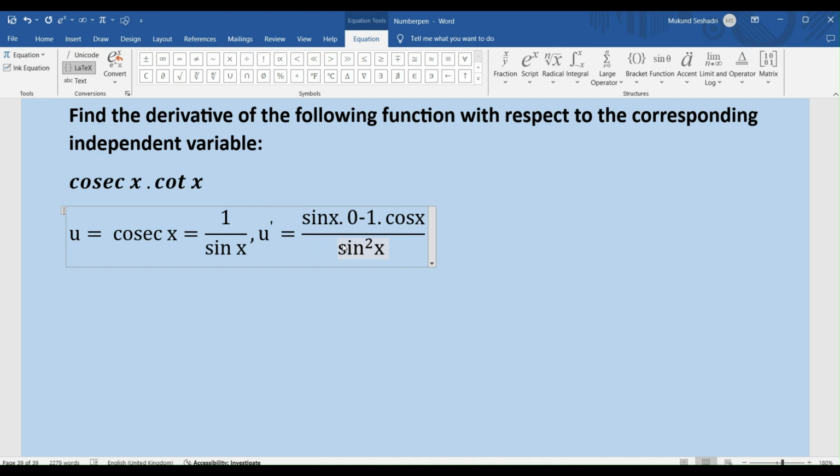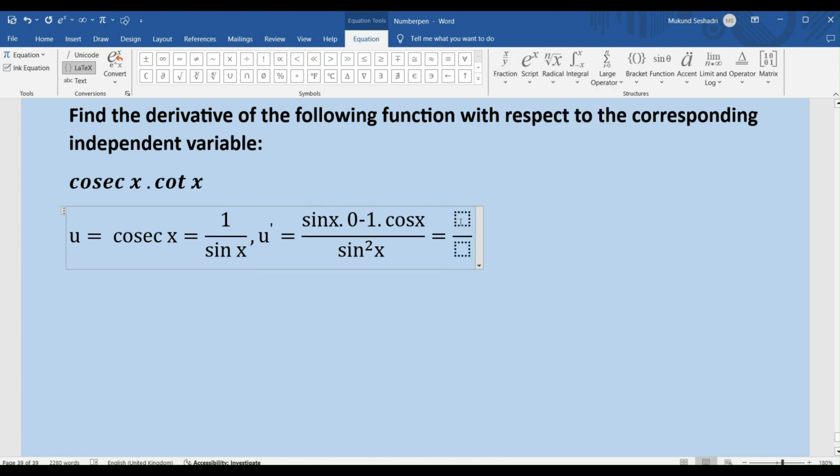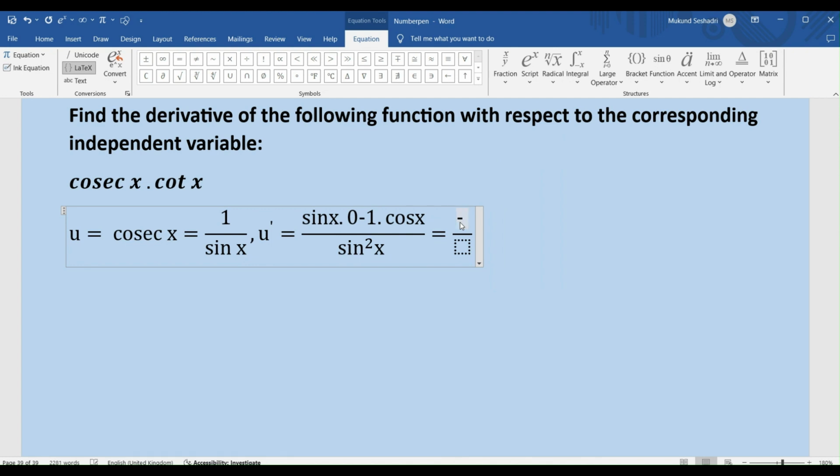So, my first part of the numerator is a sin x into 0, which is 0. And then my second part is minus cos x because it is a minus 1 into cos x, right? So minus cos x divided by sine square x, right? And what is that?